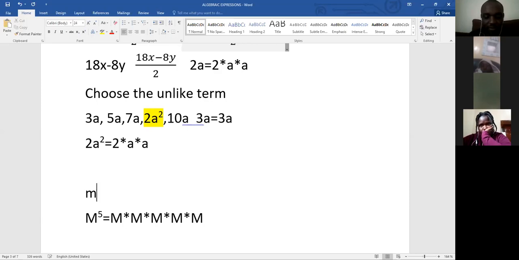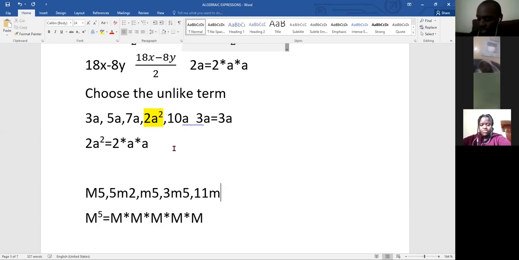M to the power 5, then we have 5m squared, 5m squared, and then m to the power 5, m to the power 5 again. Then I have 3m to the power 5, and then I have 11m to the power 5.